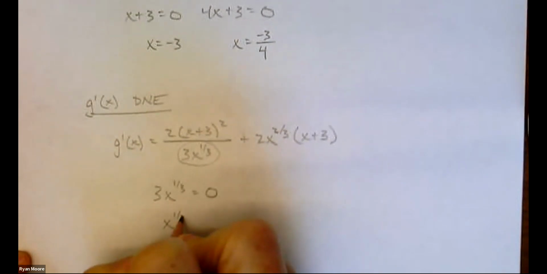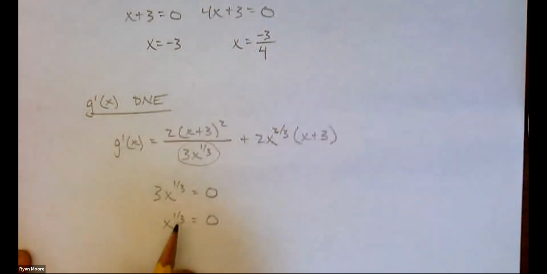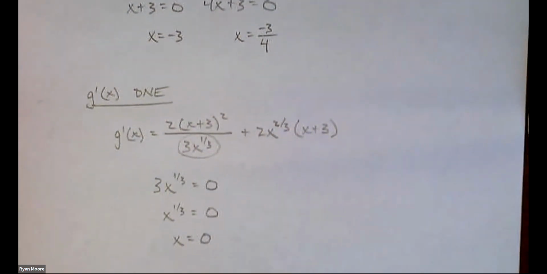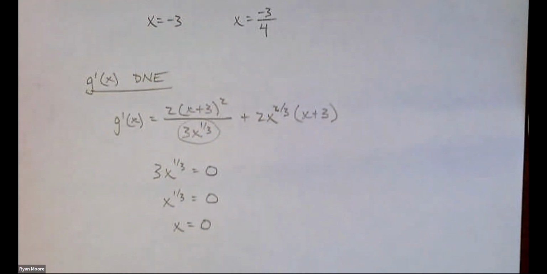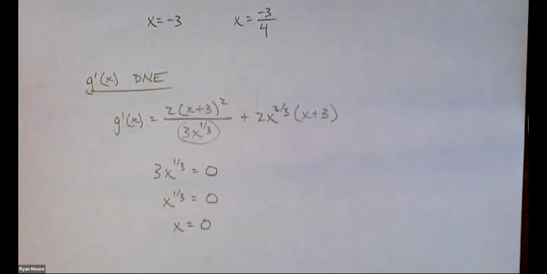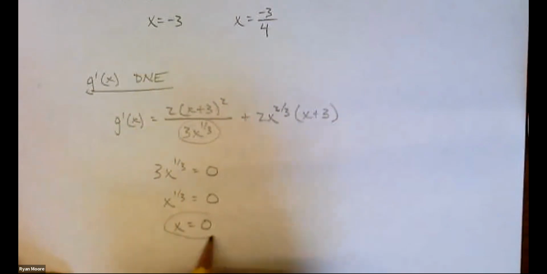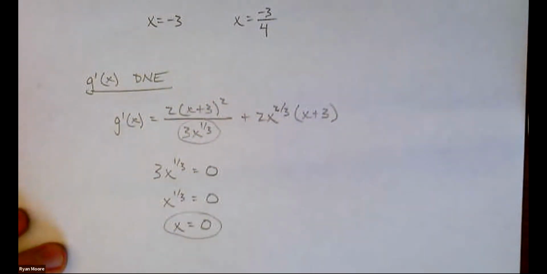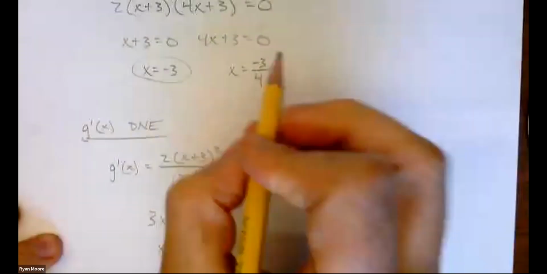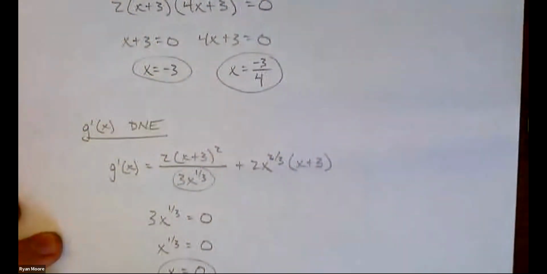I could divide by 3, I could cube both sides, and I could end up with x equals 0. If x equals 0, that causes division by 0, we've got a derivative that does not exist. So x equals 0 is one of our critical numbers as well. So let me circle all of them. We've got x equals -3, x equals -3/4, and x equals 0.